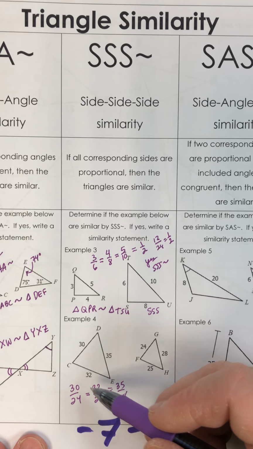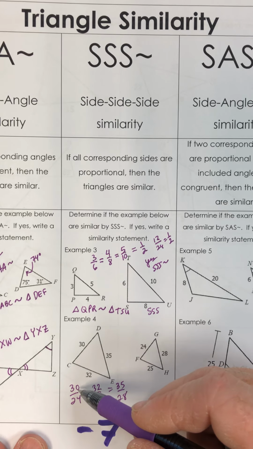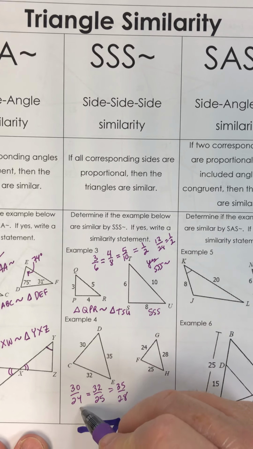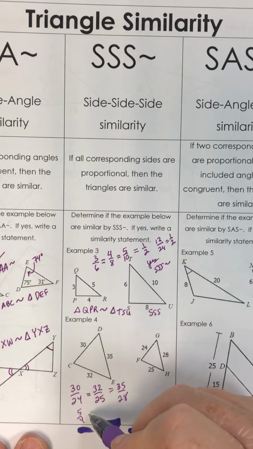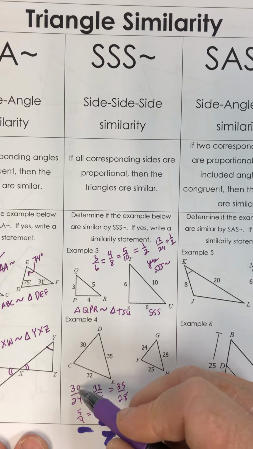But let's see, 30 over 24, that's 5 over 4. 6 divides into both of those.